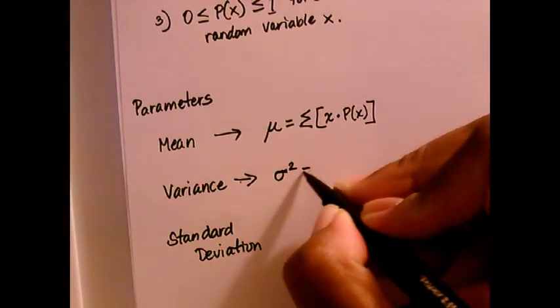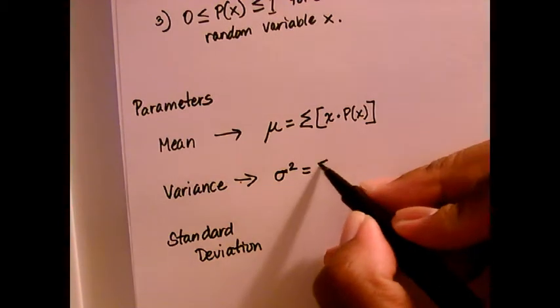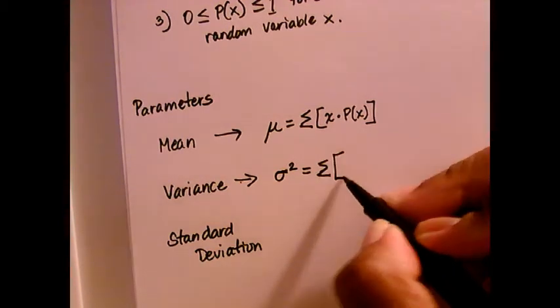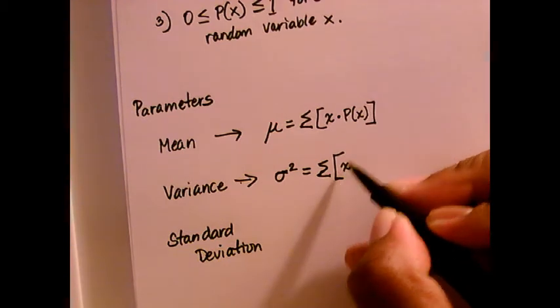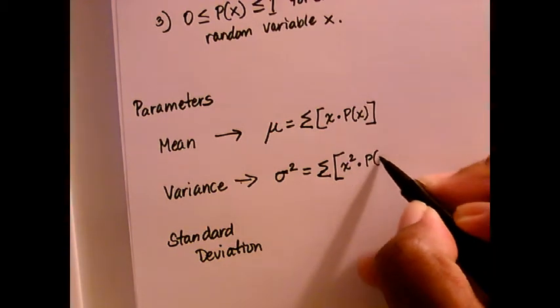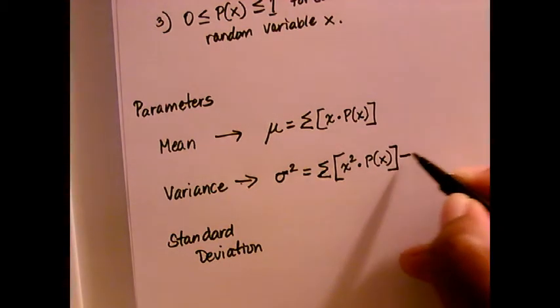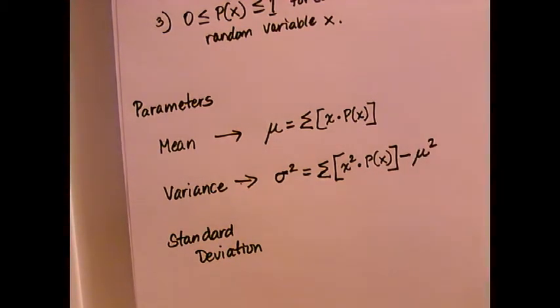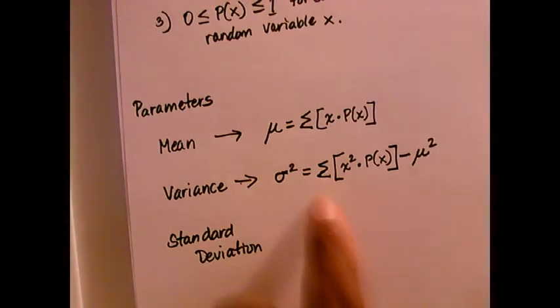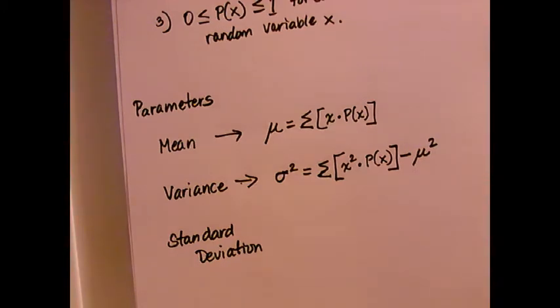That's sigma squared. And that's equal to the summation of x squared multiplied by p of x. And then that sum is going to be subtracted. We're going to subtract the square of the mean, which is your mu squared.